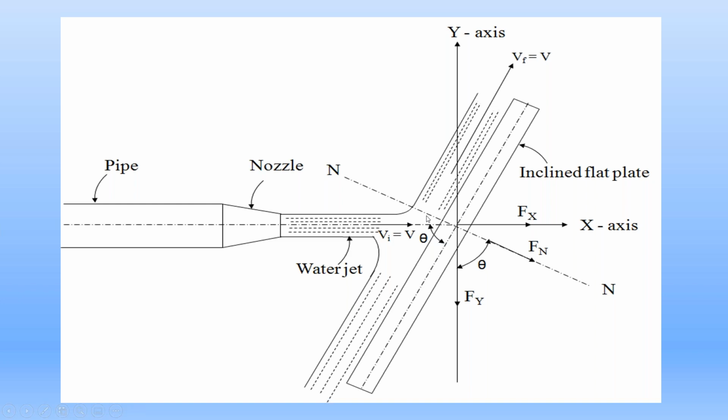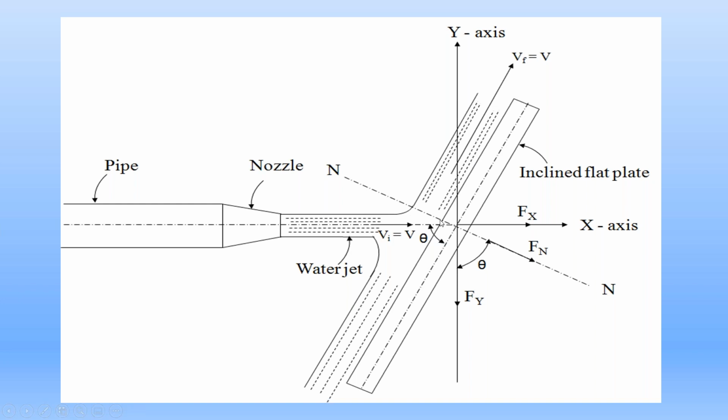But after the impact, the water jet is moving on the surface of the metal plate. Since here the metal plate surface is inclined, the velocity of the water jet is also inclined. This is the final velocity. After the impact, the water jet is moving on the surface of the metal plate with final velocity Vf.